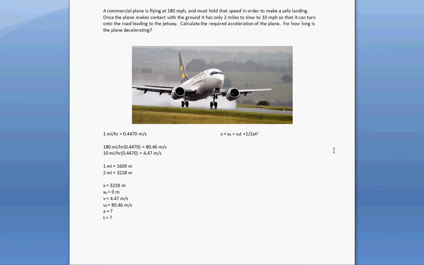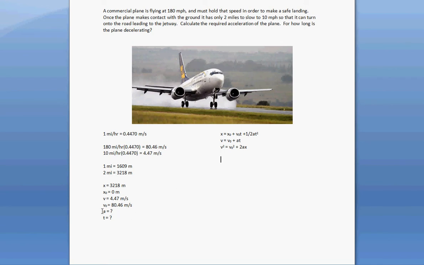The next equation is v equals v naught plus at. And our last equation is v squared equals v naught squared plus 2ax.